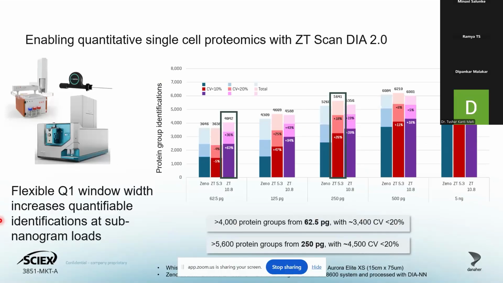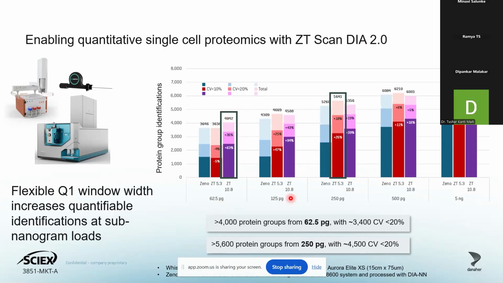Now I'm talking about single cell proteomics type of analysis, like load amount of K562 cell line that we use with ZT Scan DIA 2.0. Here we can see that with a very low load of 62.5 picogram, we can identify almost 4,000 plus proteins.